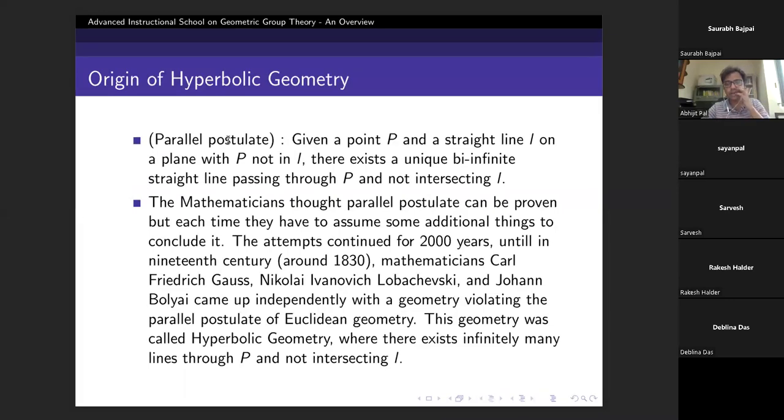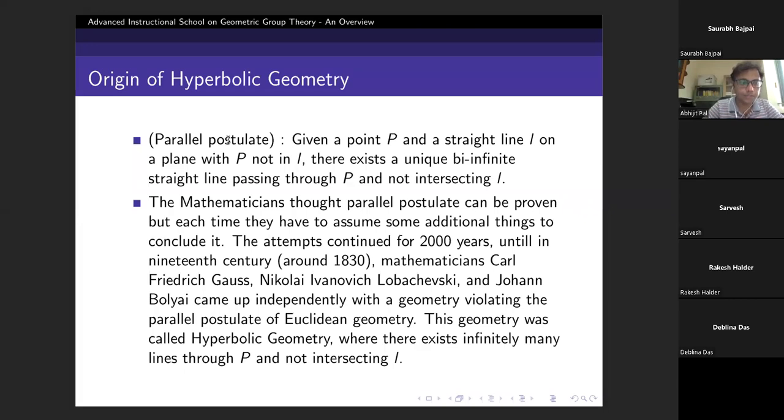Because the hyperbolic metric space is the central object of geometric group theory, let me give you the origin of hyperbolic geometry. Most of us know Euclidean geometry. Euclidean geometry is based on axioms.